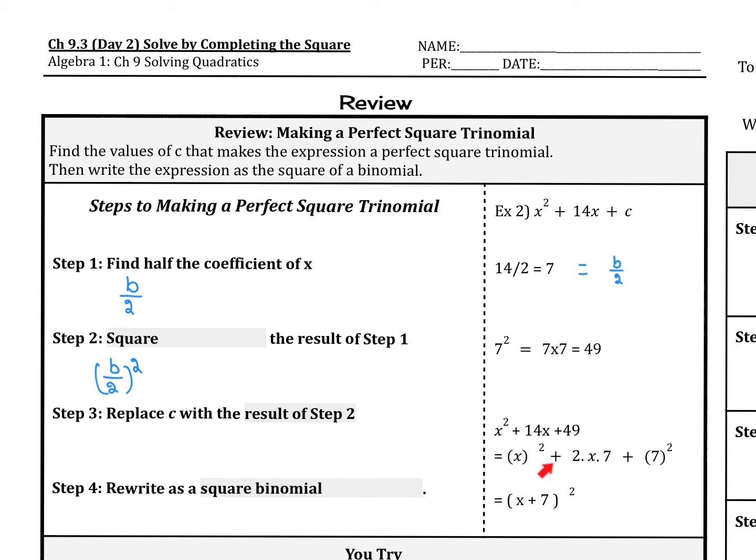The sign of the middle term is positive, and then you write a square of that, which means x plus 7 squared is a perfect square of the expression x squared plus 14x plus 49. If you multiply x plus 7 times x plus 7 using the binomial method, you get this expression back.